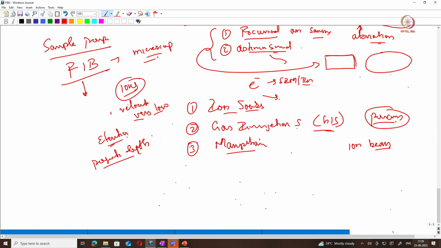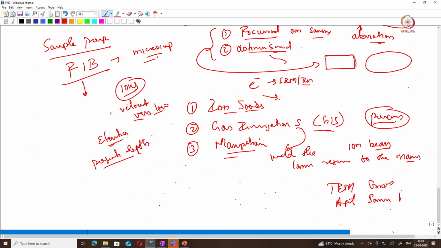And this gas injection system can also be used to weld the lamella, or the region of interest, to the manipulator. And this manipulator again can be used to transfer your region of interest onto the TEM grids or APT sample holders, which is nothing but silicon posts, or silicon coupons.